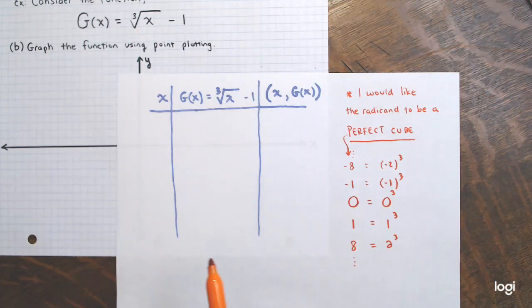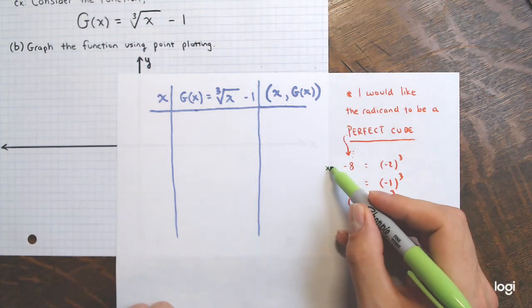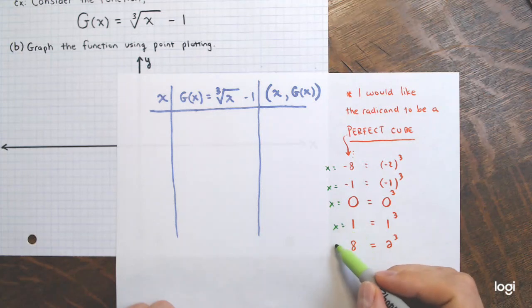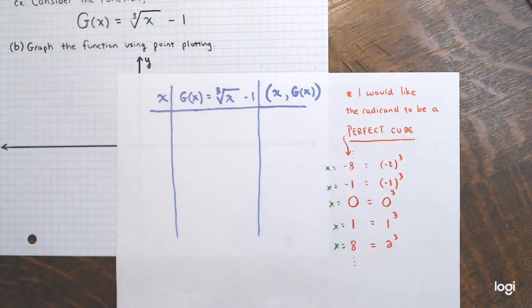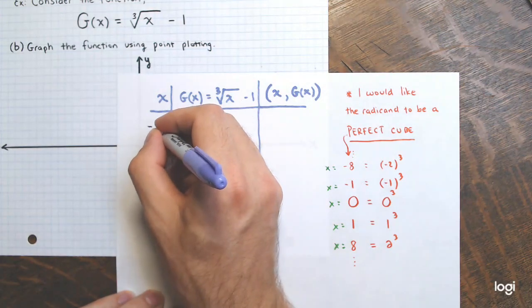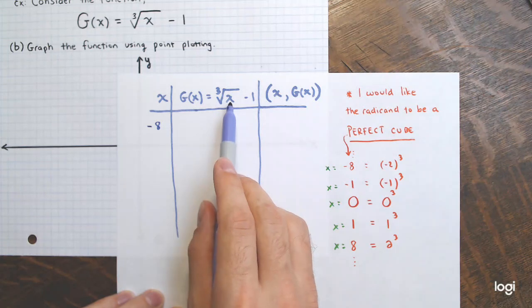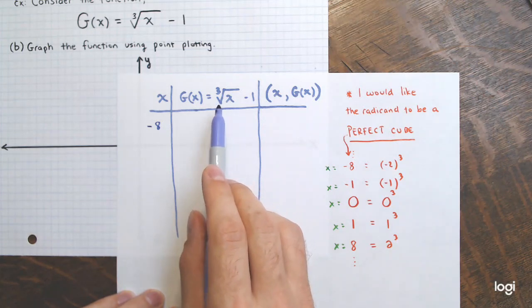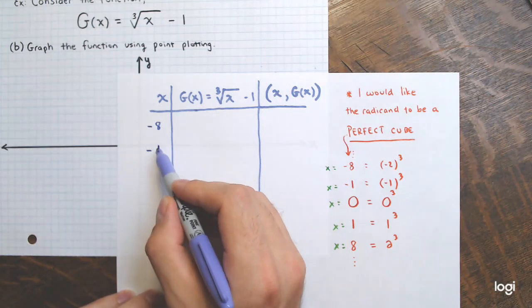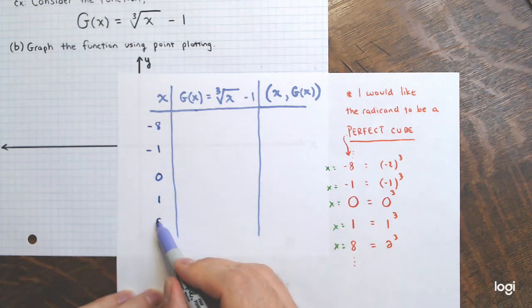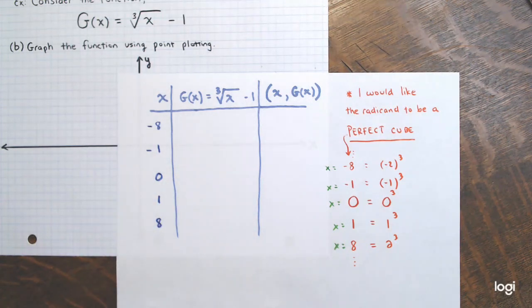So I want to plug these in for the radicand. Now the radicand is x, so I'm going to have x be that, x be that, x be that, x be that, x be that. So down my first column here, I'll plug in -8, so that when I plug it in, I have a perfect cube in my cube root. I'll plug in -1 as well, and 0, and 1, and 8. And let's see what kind of points we get.